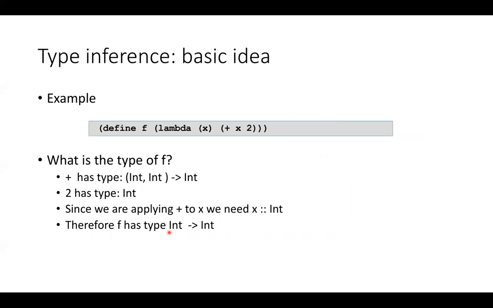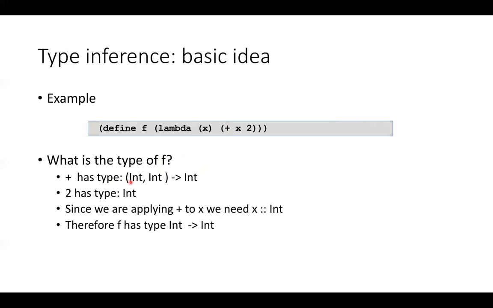Okay, so type inference, the basic idea. Well, I guess we already sort of went through this, but the idea is that we're going to try to annotate every point in an expression with some sort of type information. So here we might ask, what's the type of f? And the logic that we already sort of went through is, well, you know something about the plus function.